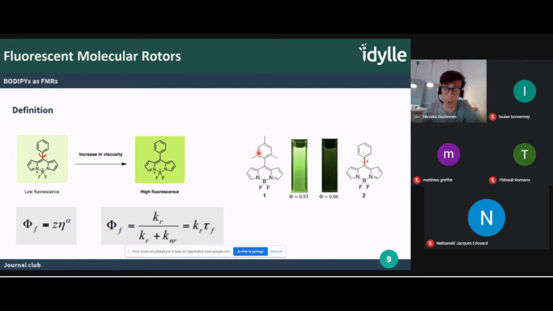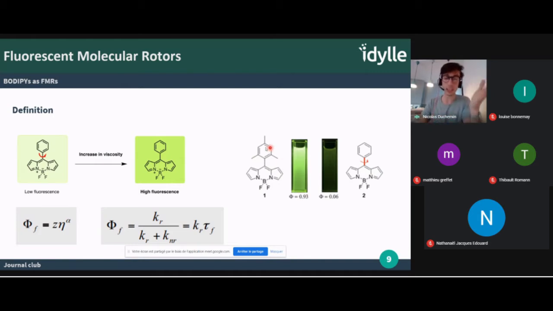However, if you increase the steric constraint that you have and actually hamper the rotation, you will have a compound that will not rotate so much and that will favor the radiative decays such as fluorescence. So you can see that here the fluorescent quantum yield goes up to 0.93, so gigantic fluorescent quantum yield.